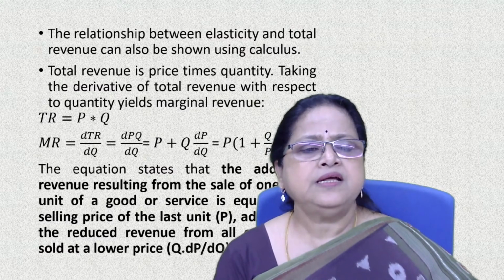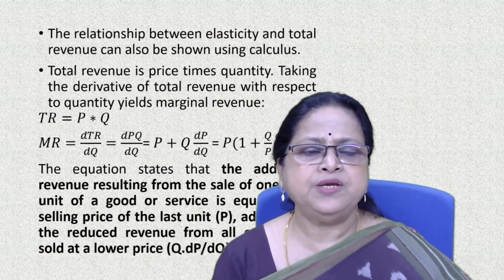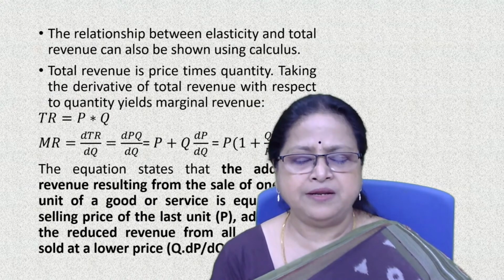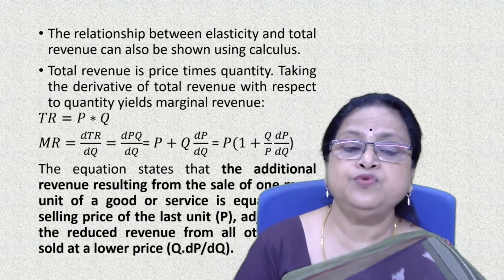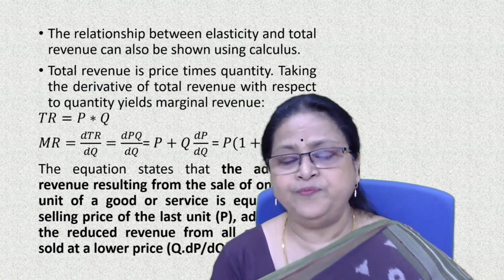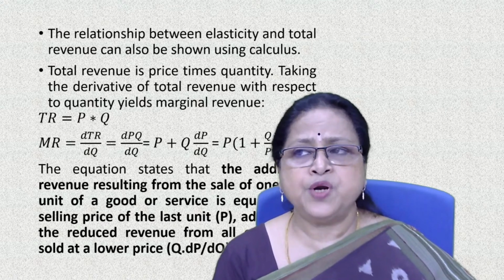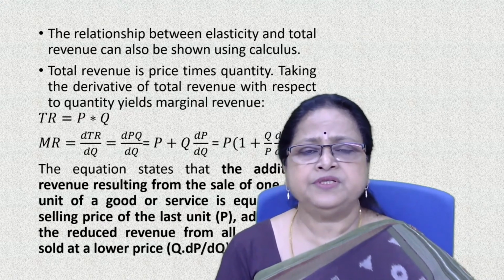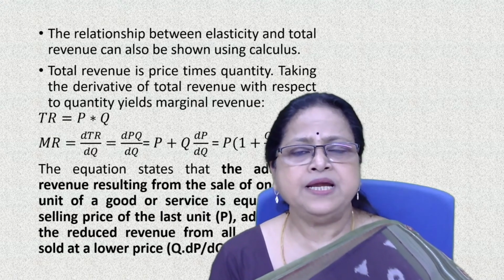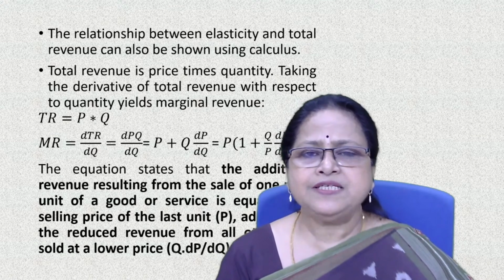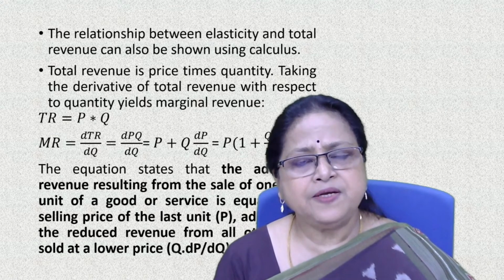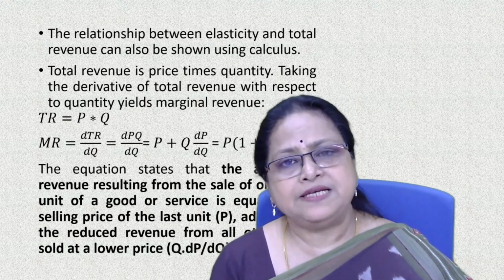I told you earlier, that is the derivative of PQ with respect to Q. So P into the derivative of Q with respect to Q plus Q into the derivative of P with respect to Q. Because you know the product formula for first order derivatives, P and Q are products. So in that case, first function multiplied by derivative of the second function plus second function multiplied by derivative of the first function.